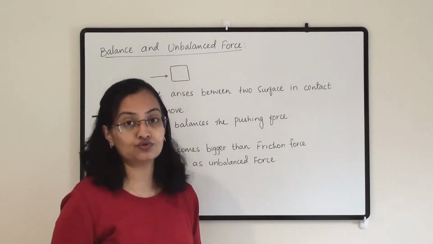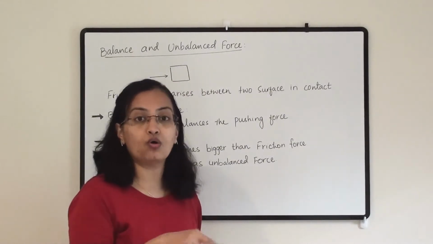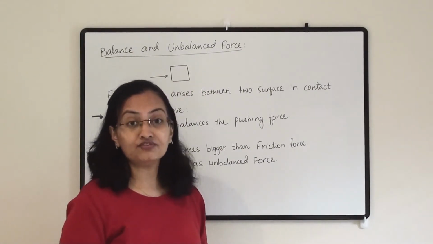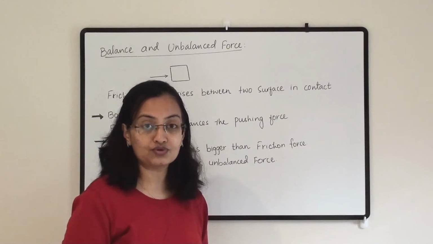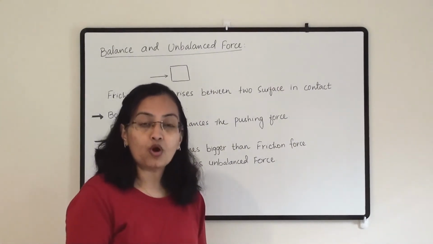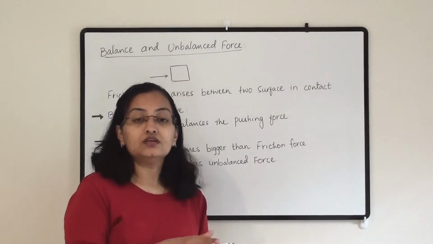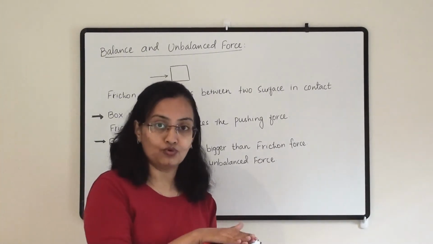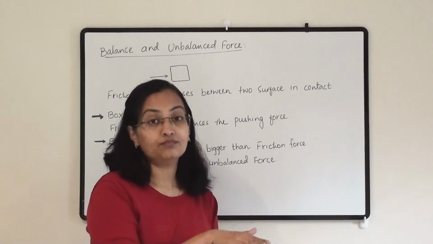Because of friction force we are able to walk on the surface. If there were no friction force, we may fall, right? There should be proper friction force between our shoes and the floor, then only can we walk perfectly.